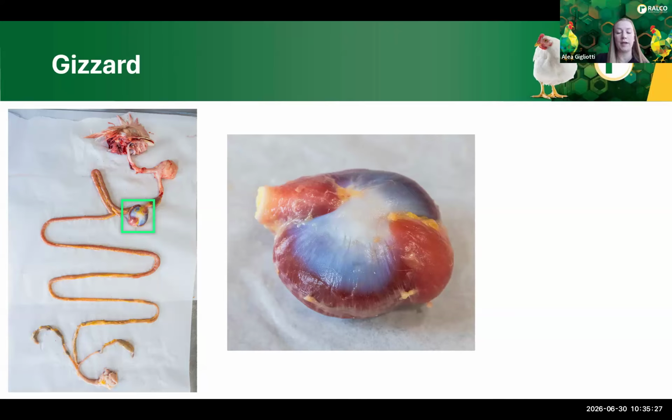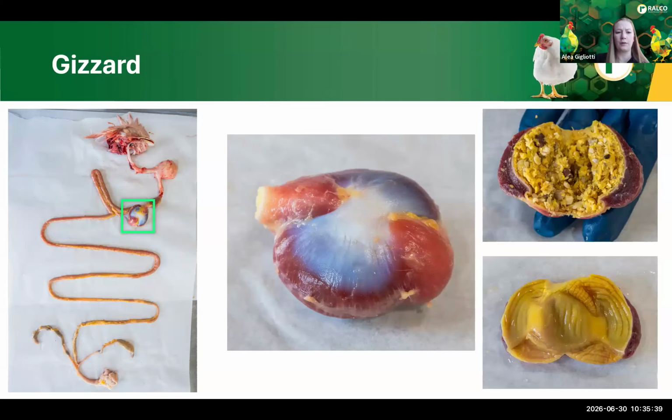I mean, it's a pretty sizable organ. It's pretty heavy. And it's going to be similar in size to a whole walnut. And similarly to the proventriculus, you can also cut this organ open lengthwise and see what's inside. It should look like whatever you're feeding that bird plus your grit. And if you remove that feed content, you are left with what should be a very deep yellow color, homogeneous in color as well when it is healthy.